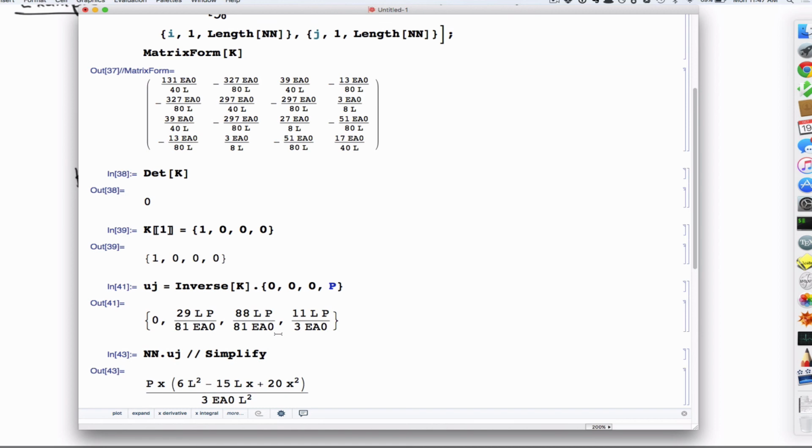The element stiffness matrix will be exactly what we did today, but we'll also have a global stiffness matrix. When you have a domain, elements share nodes, so the contributions at that node from the element stiffness matrix have to be added from each element into a global stiffness matrix, and that's what you solve.